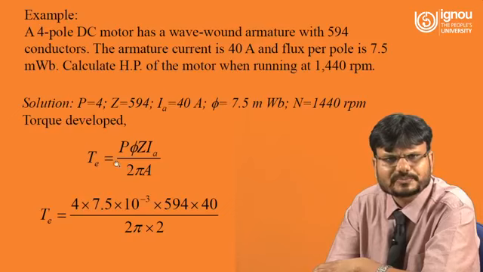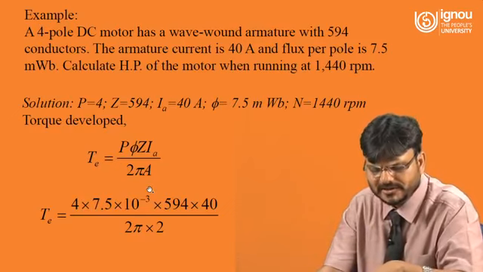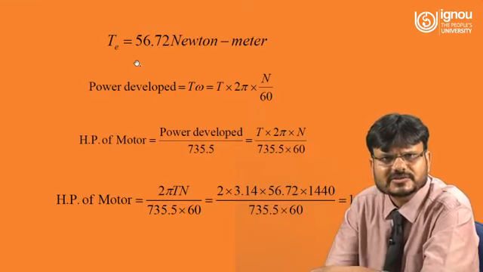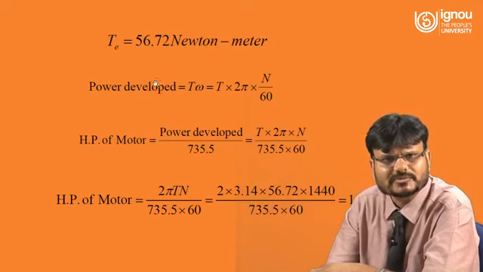Torque is equal to PφZI_a upon 2πA. Put the different parameters here, then you can easily calculate the torque. It comes T equal to 56.72 Newton meter. Because you have to calculate the horsepower of the motor, power developed is torque multiplied by the angular speed, and angular speed is 2πN upon 60.